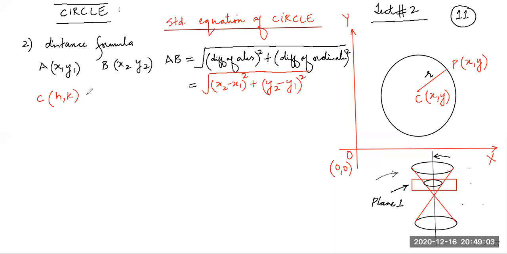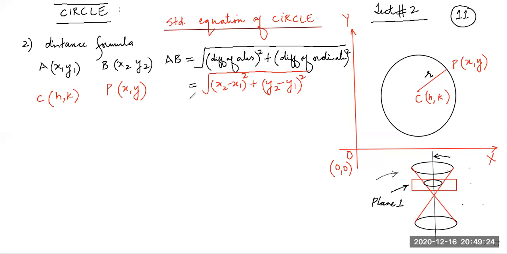Let's take any general point P on the circumference of the circle, and let the general point be x, y. This point C is h and k, right, students?